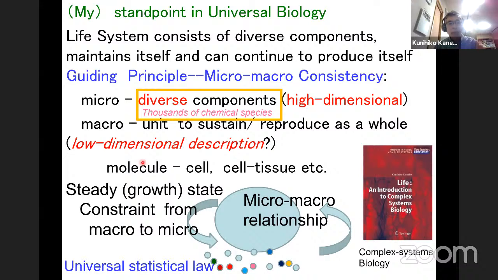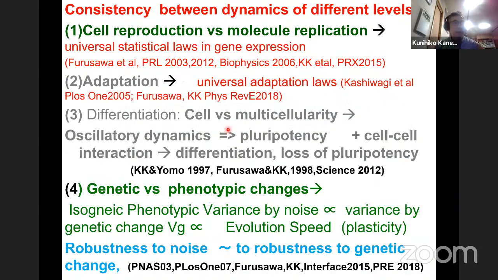The point here is the steady growth state, or robustness at a macroscopic level. A similar idea can be applied from cell to organism, or organism to ecosystem. With this viewpoint, we are working on cell reproduction, adaptation, multicellular organisms and evolution.